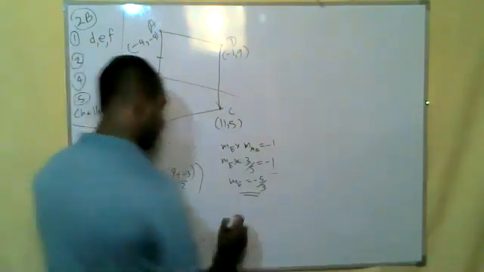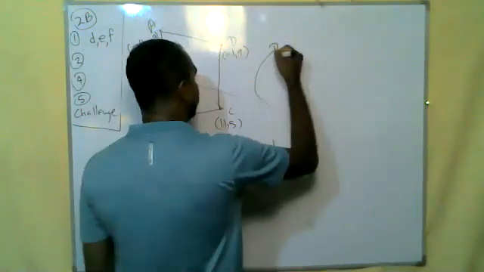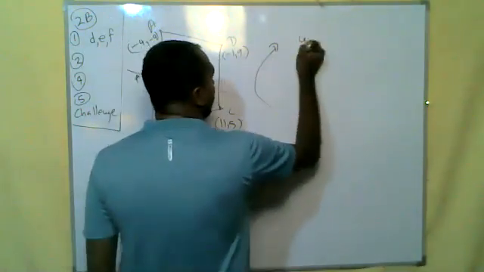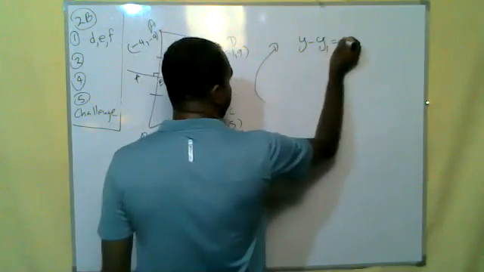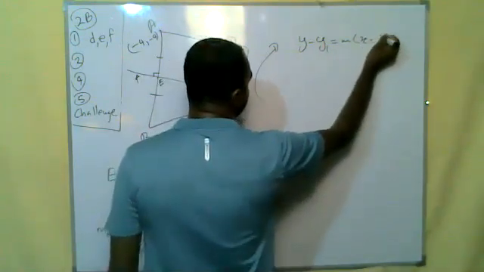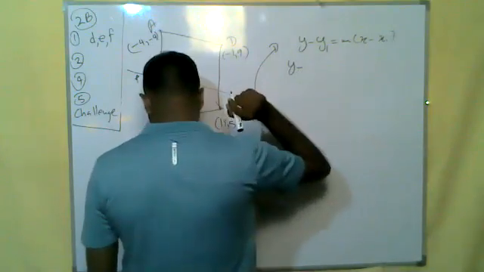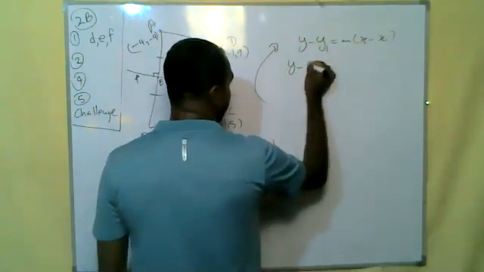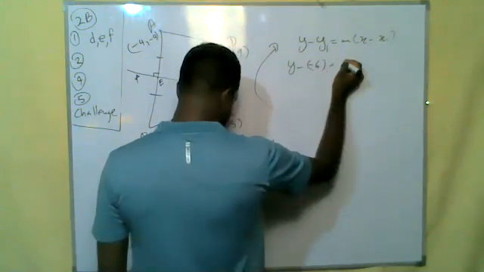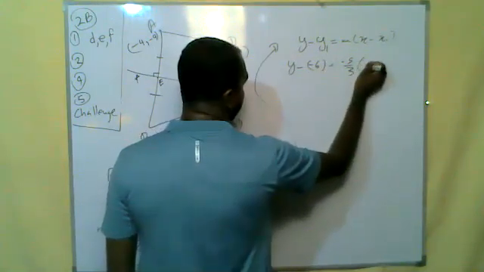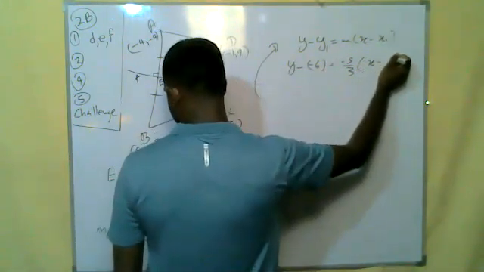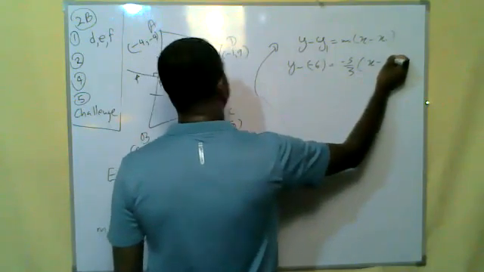So we can find the equation by this equation: y minus y1 equals gradient times x minus x1. So y minus how much? E is -6. y minus (-6) equals -5/3 times x minus 1.